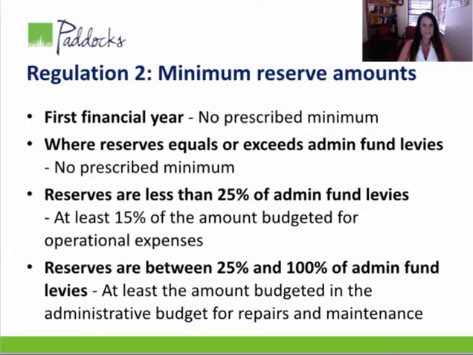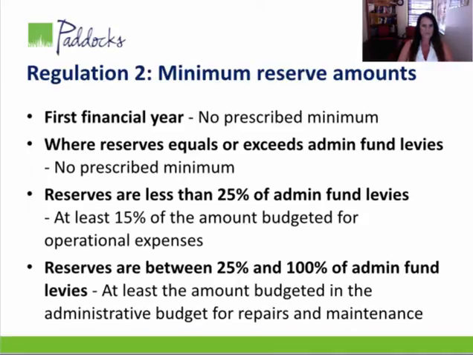Regulation 2 sets up the minimum reserve amounts. There is no prescribed minimum reserve fund budget for the body corporate's first financial year, and also in circumstances where the reserve fund balance at the end of the financial year equals or exceeds the previous year's administrative fund levies.